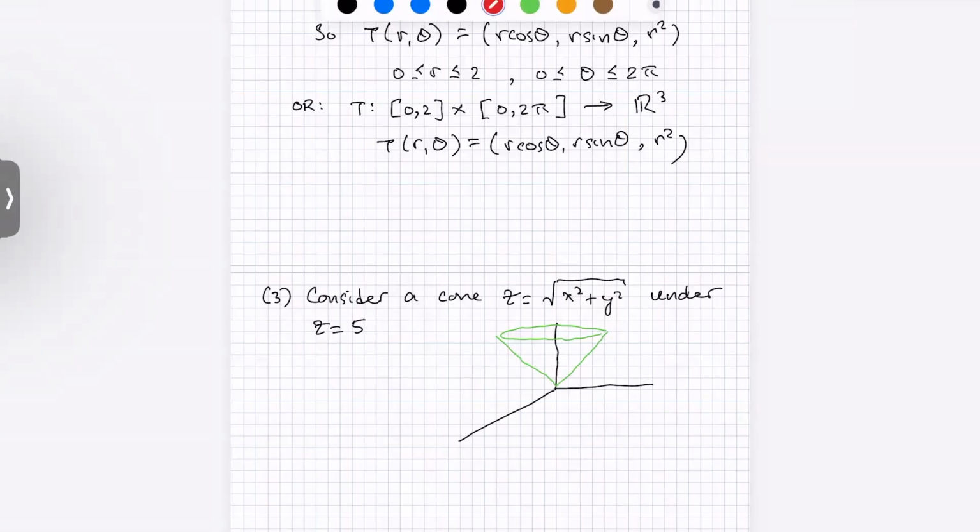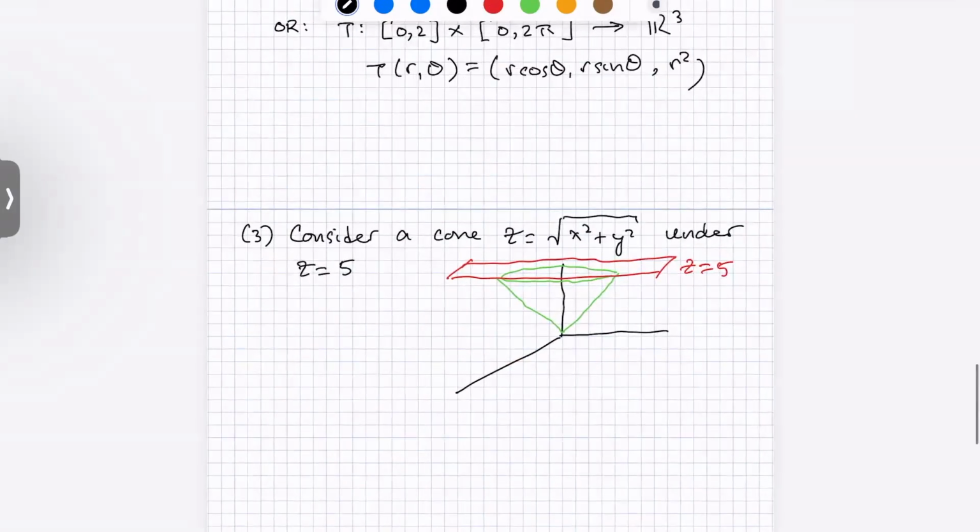And then it is cut off above by z equals 5. Now, let's set the two equal to each other. So I have square root of x squared plus y squared equals 5. So x squared plus y squared equals 25. So this is a circle of radius 5.